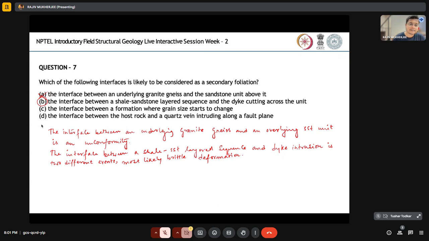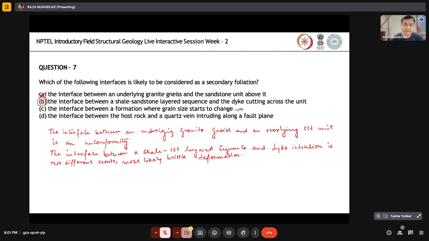Now the interface between a formation where grain sizes start to change. So in a formation, if you see grain size is varying, that means we are talking about a sedimentary formation.